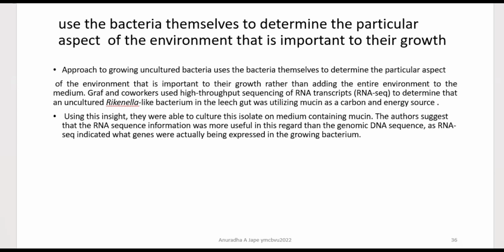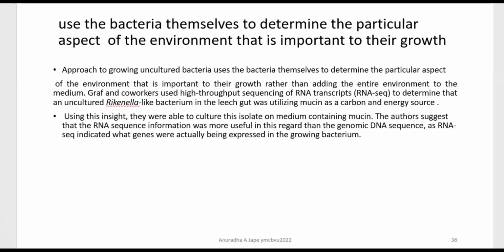So in this case, one example is, say, you have the leeches. Have you heard of the blood sucking organism, right? If you want to isolate the gut flora of this organism, how would you go about it? All right. So here, the example is of Rickenella-like bacterium, which is found in the leech gut, and those were isolated.